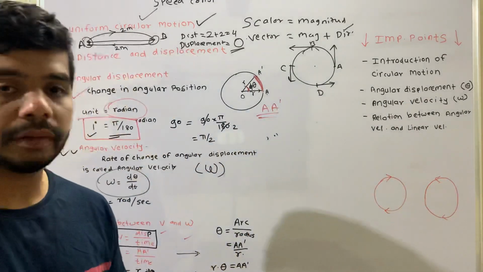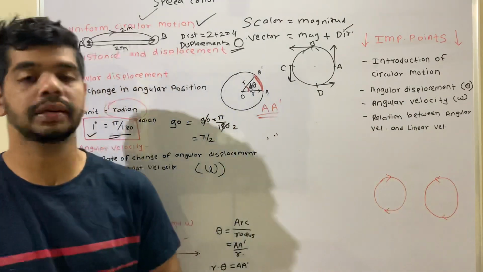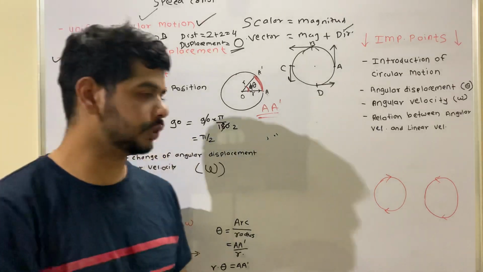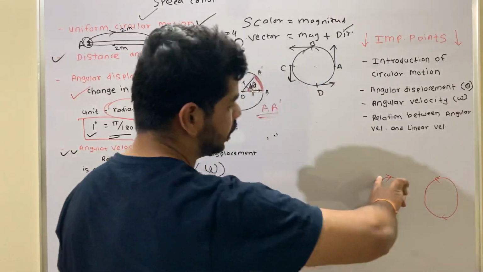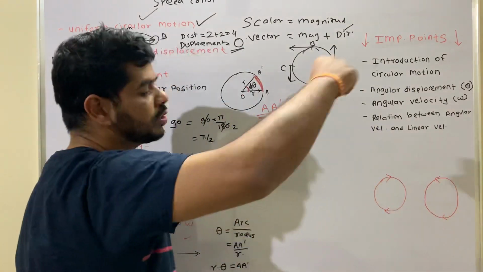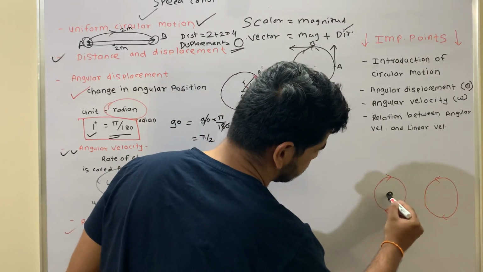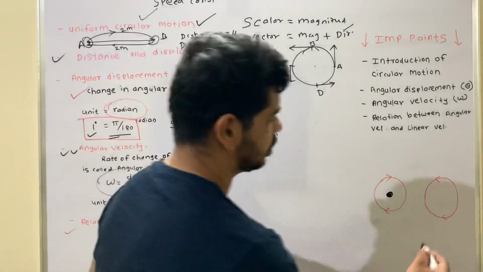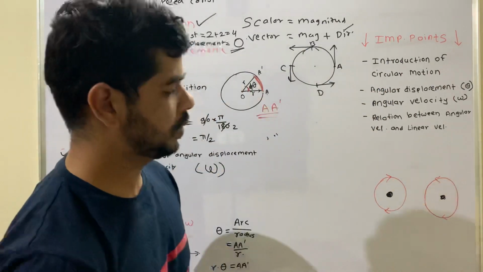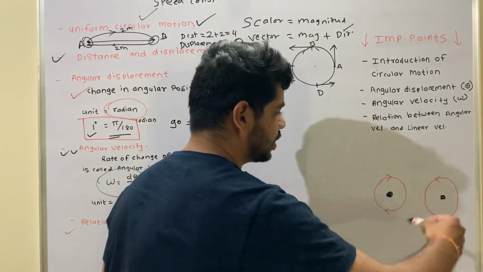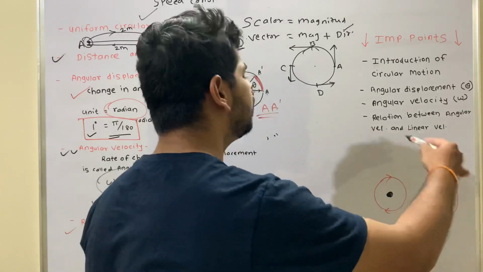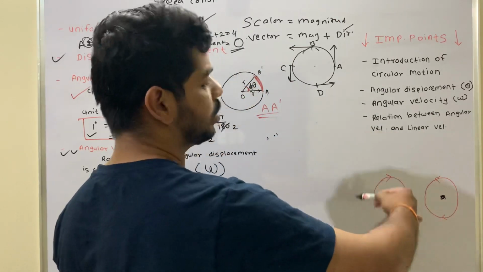Now let's discuss what is the direction of the angular velocity, or the direction of the velocity in circular motion. Suppose the motion is clockwise. This is the axis, in which the wheel or any particle is taking its circular motion.